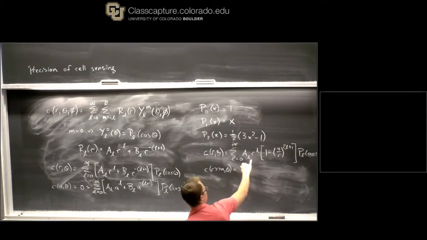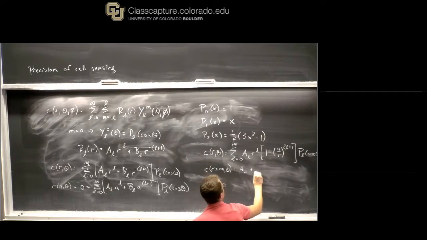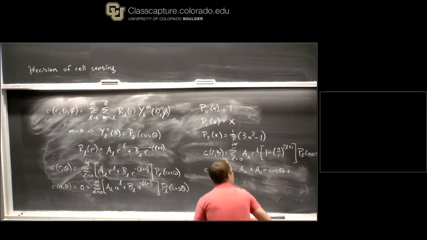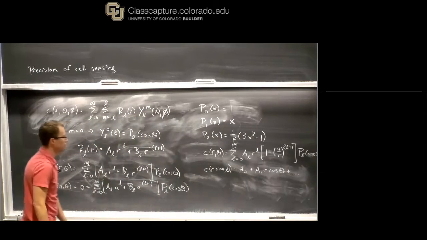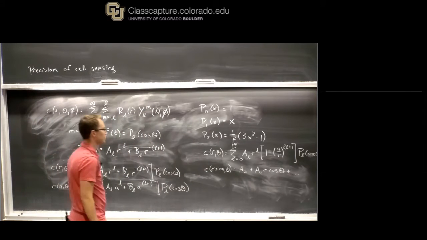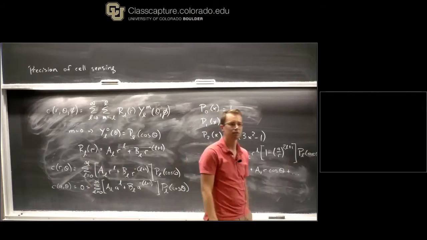And if I explicitly write that out, then the 0th term looks like A0 times R to the 0 times P0, which is 1, plus A1 times R to the 1 times P1, which is the argument itself, the cosine theta. And there's more, but I hope you'll agree that the subsequent coefficients need to be 0.